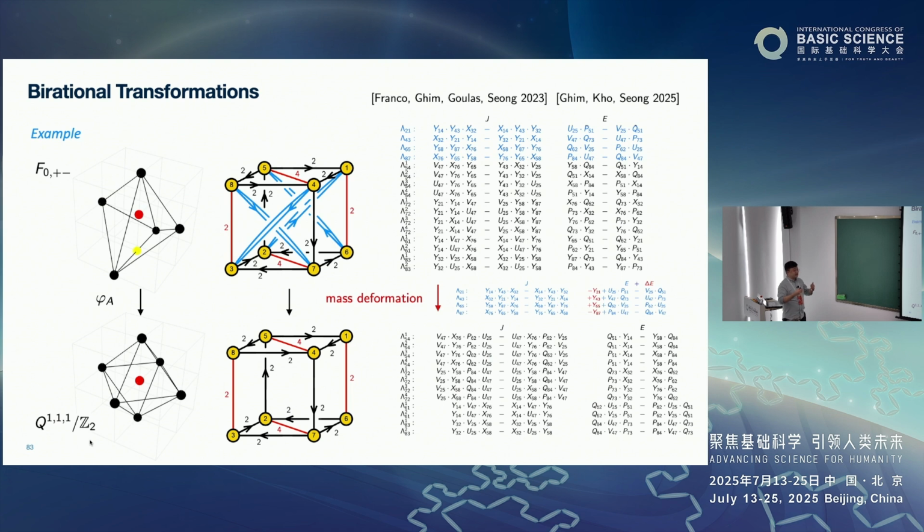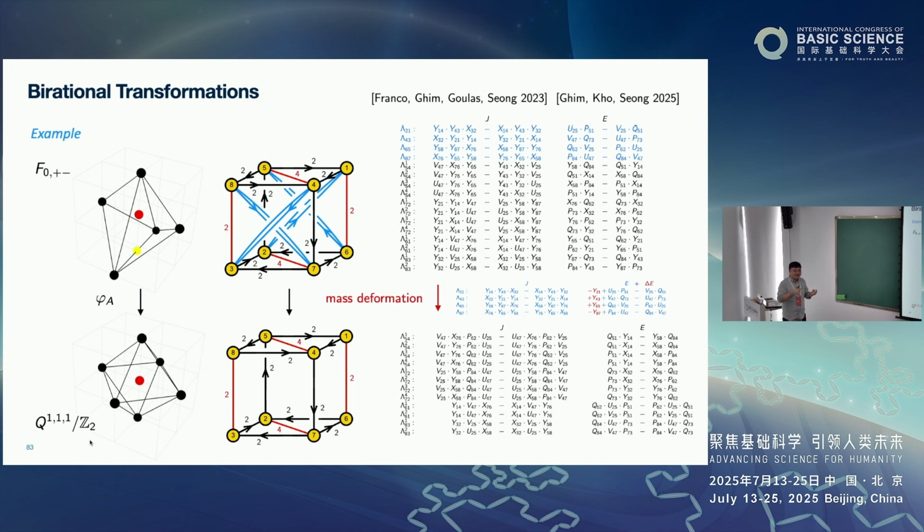So the expectation from this result is that every mass deformation of this form in a 2D (0,2) theory is associated to a corresponding birational transformation of the corresponding toric varieties.